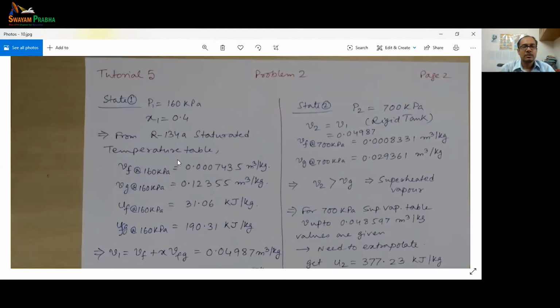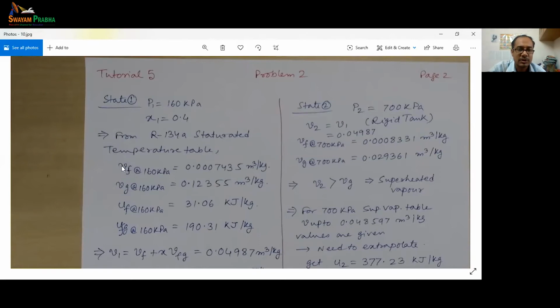Okay, so now if we look at state 1, that P1 is 160 kPa and quality, we call it X1, that's 0.4, 40%. So if we look up the saturated temperature table for R134A, at 160 kPa these are the values.